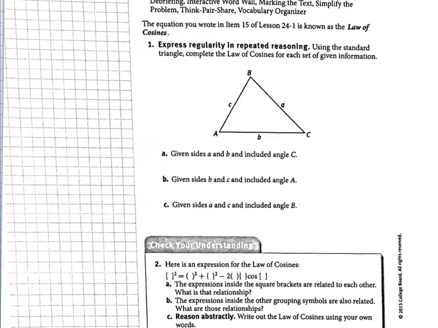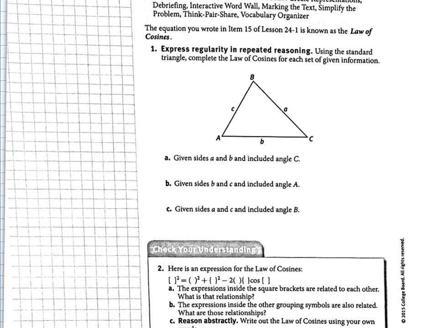The relationship for the law of cosines is the cosine of any angle that you select and its opposite side. So if you're looking at angle A, side A is opposite. So side A is the beginning and the cosine of A is the end.